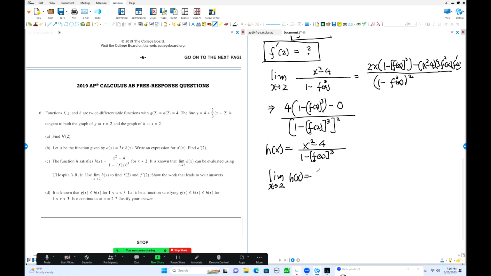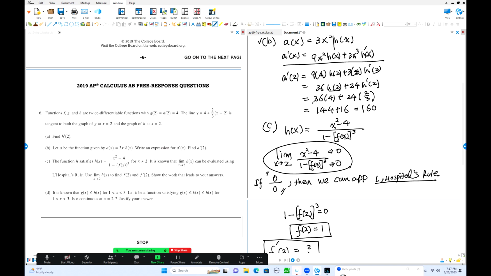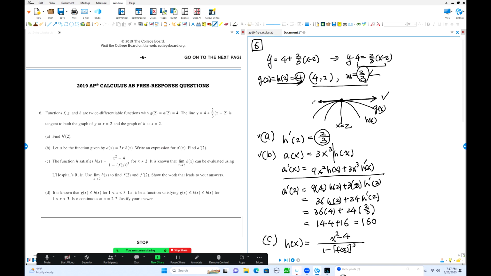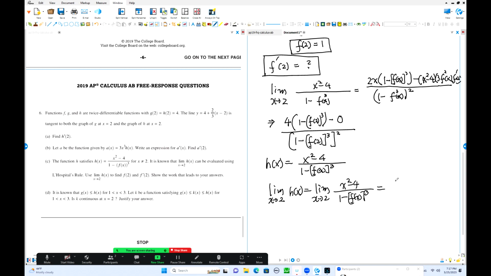That equals the limit as x approaches 2 of x squared minus 4 over 1 minus f of x cubed. But when x is close to 2, this limit value is 4.